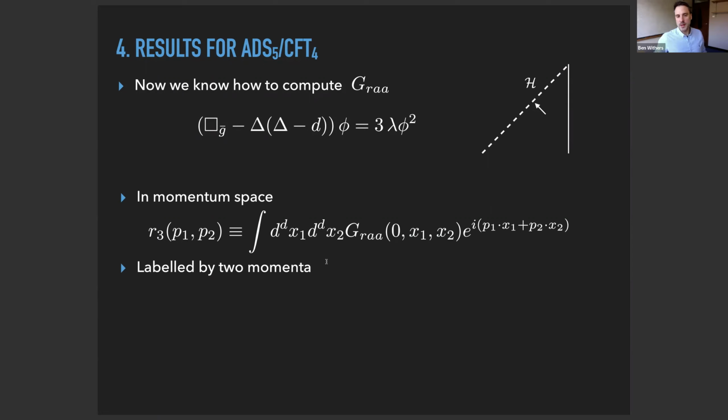We're going to work in momentum space. So essentially, we're going to use translation invariance to fix one of these insertion points to 0. And then we just have two remaining coordinates, x1 and x2, for this 3-point function. Then we do the Fourier transform of this, and that's our momentum space 3-point function. It's labeled by 2 momenta. The remaining momentum is fixed by momentum conservation.